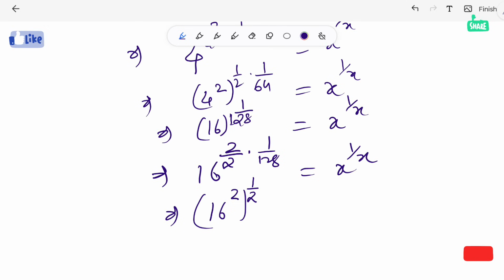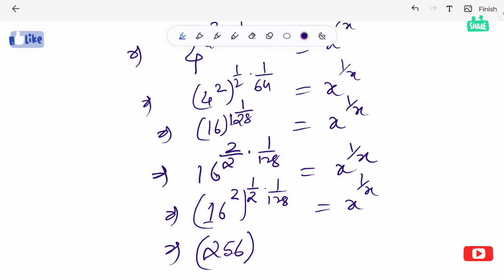Now it will become 16 to the power 2 by 2 into 1 by 128, isn't it? So this is x to the power 1 by x. Now finally, if you square 16 you will get 256, isn't it? 256, which is having power 1 by 2 into 128. When 2 is multiplied with 128, it is also 256.